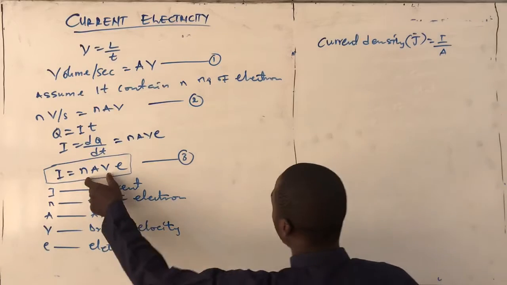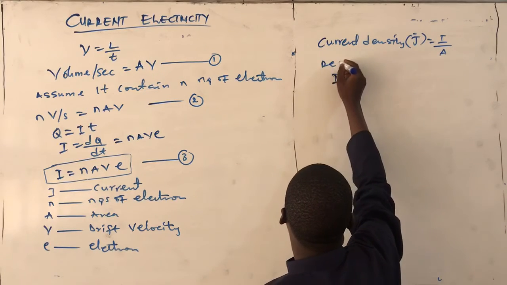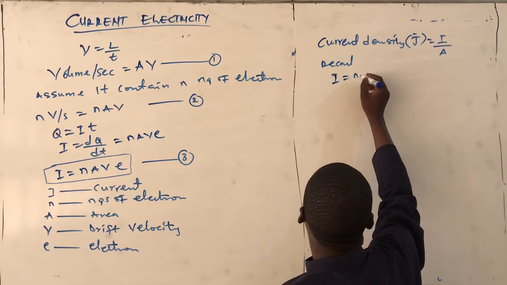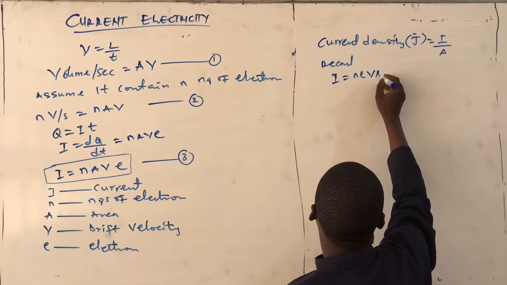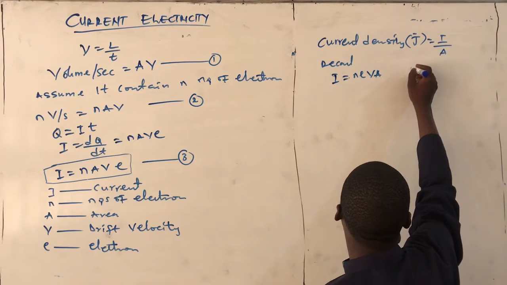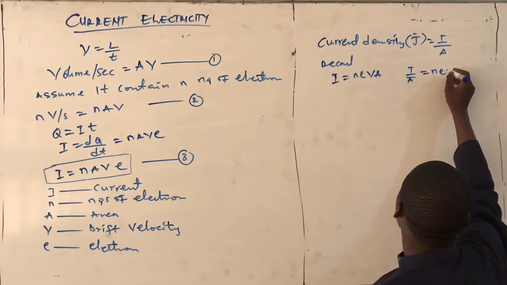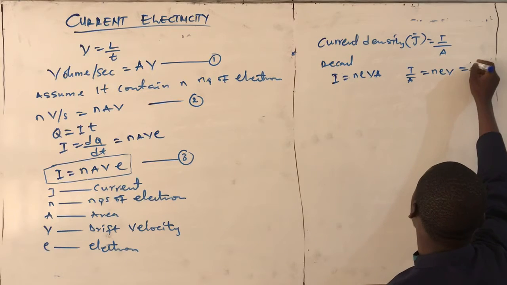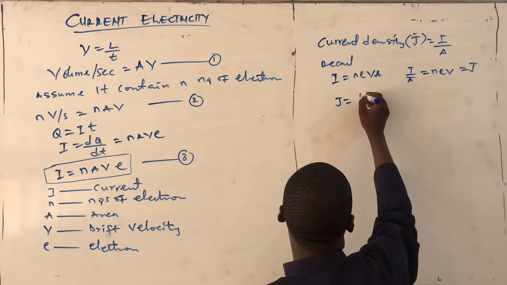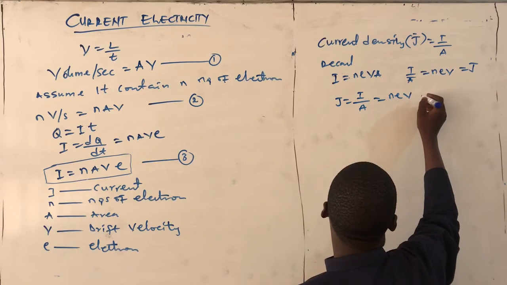From this formula, if you recall, I is equal to NEVA. So if I divide everything by A, I can have I over A equal to NEV, which is the same thing as J. So therefore, J is equal to the current over area, which is also equal to NEV.